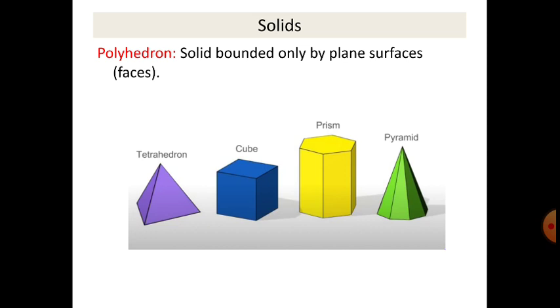The number of side surfaces will depend upon the bottom surface. Okay, but the difference between the prism and the pyramid is pyramid has a apex point at the top where all the planes meet at a point. Okay, in the prism they do not meet at a point, but the bottom and the top surfaces are of same shape. Okay.